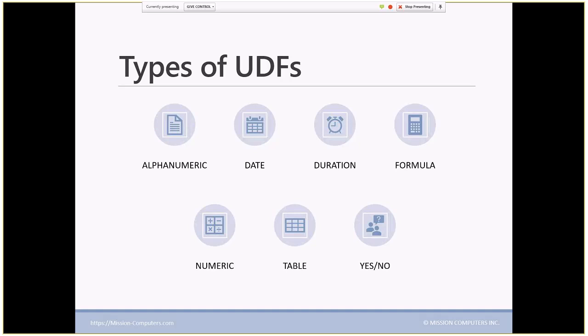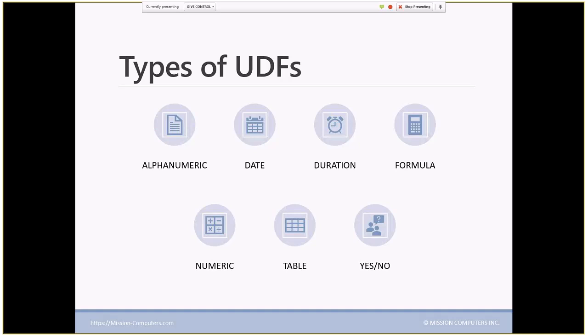And then formula, it's kind of like it sounds. It is an actual formula that you can input into Maximizer. This formula field works with the numeric field. So let's say, just going to use a really weird example, let's say in the numeric field, I keep track of how many daughters my constituent or the person that I have in my address book has, and how many sons they have and how many pets they have.